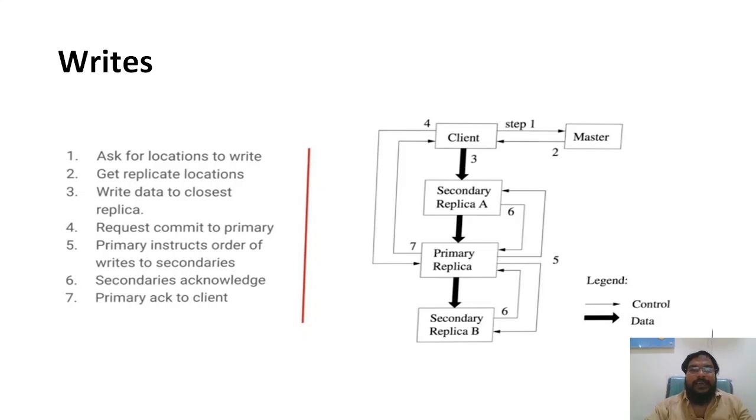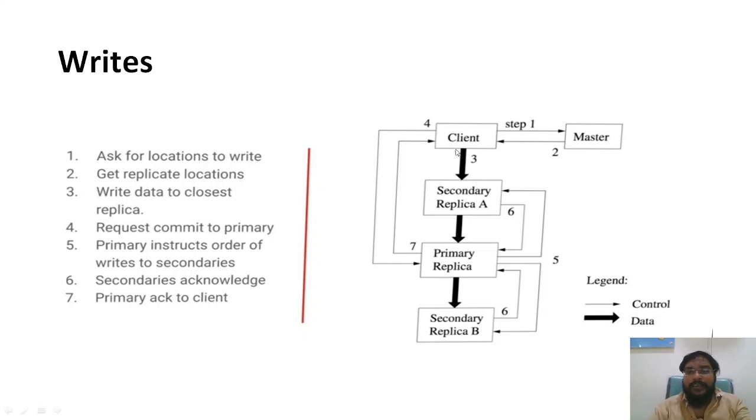As with the reads we saw earlier, here the thin lines of arrows represent the control messages, and the data transfer is represented by the thick lines. If you see, the client is sending the data to the nearest replica, the nearest replica is sending the data to the primary replica, and the primary replica is sending the data to the other replica, and after that the acknowledgement is sent.